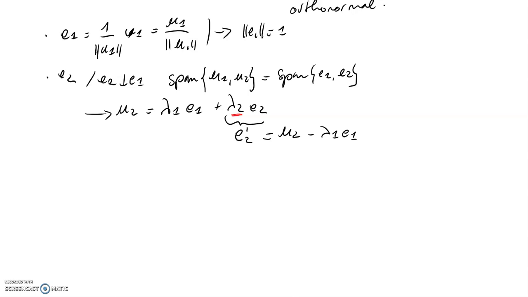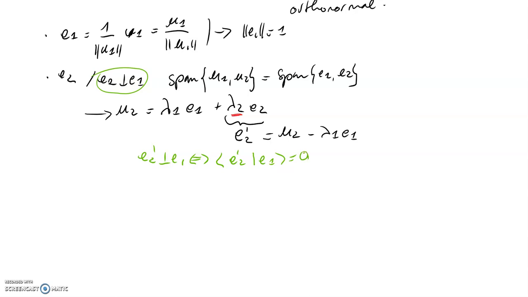Okay, I know U2, I know E1. What I need is the lambda 1. And for this, I'm going to use that requirement that E2 is orthogonal to E1. So E2 prime also is orthogonal to E1. Okay, so what does that mean? It means it can be translated into this inner product: E2 prime inner product with E1 is equal to 0.